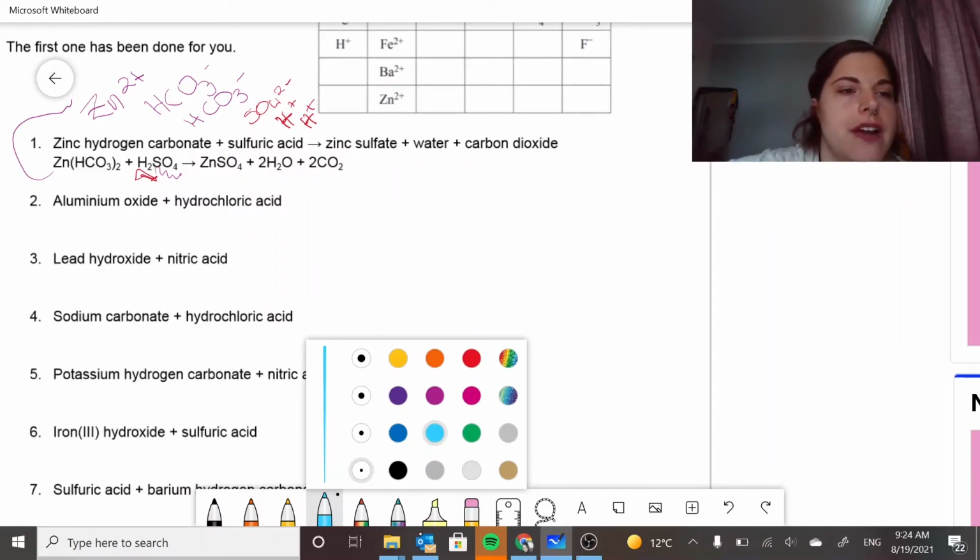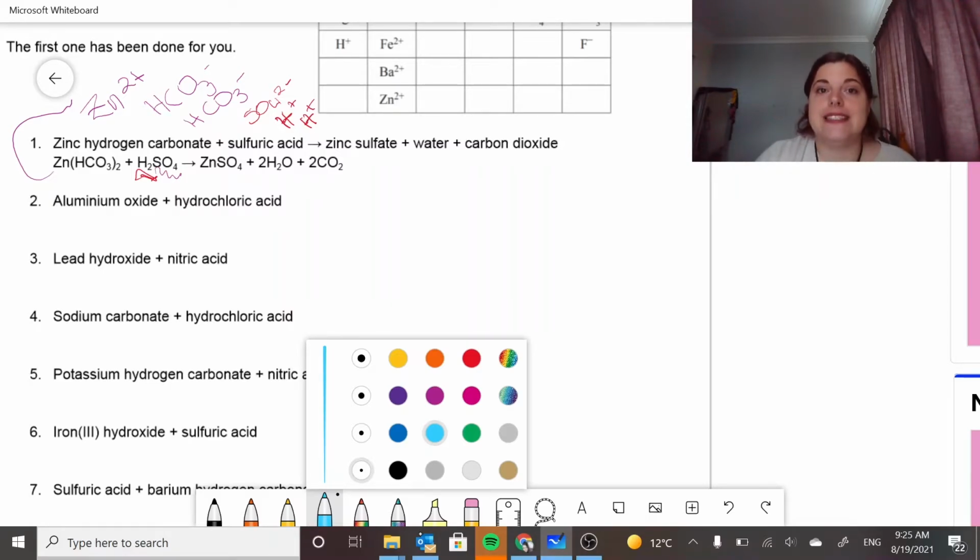So if we look, we have got a zinc. That is our 2 plus. In our reactants, so we've got a positive charge in one of our reactants. This is going to react. When we react, we form new molecules, so new bonds are being formed. It's not a reaction if the zinc is just bonding back to the hydrogen carbonate.